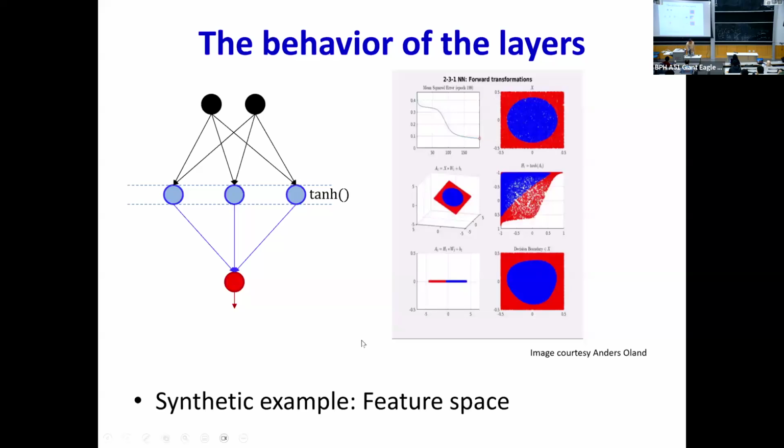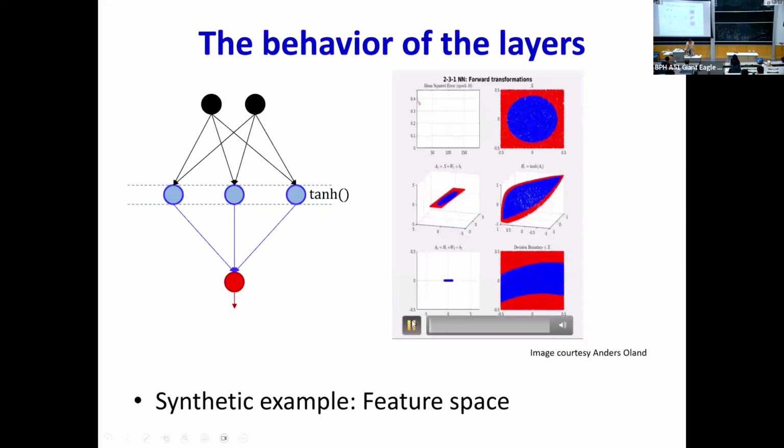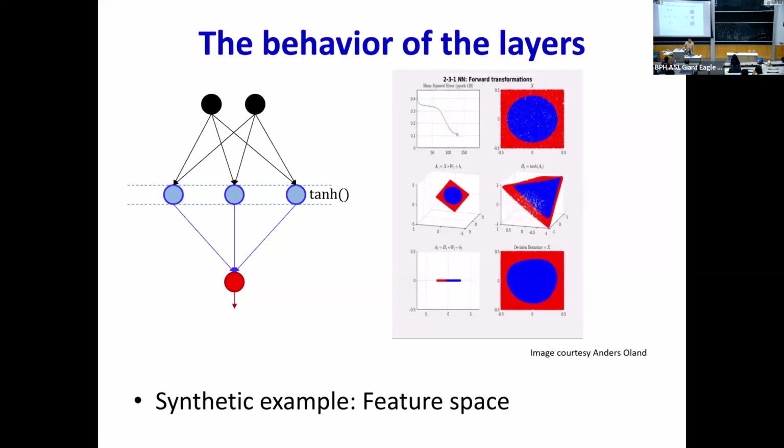If you take a look at it, this is basically what's happening over here. You can see how the plane keeps getting moved around until the warped surface can be projected onto 2 separable regions of a line. So this is what the network is doing.